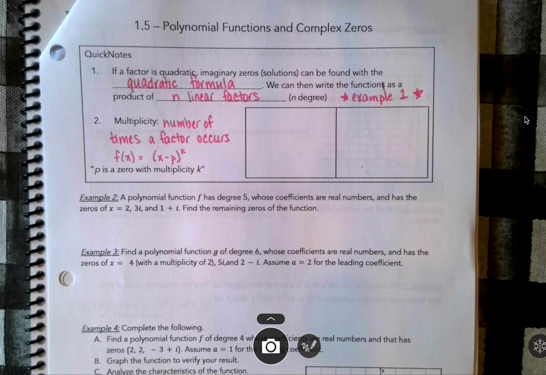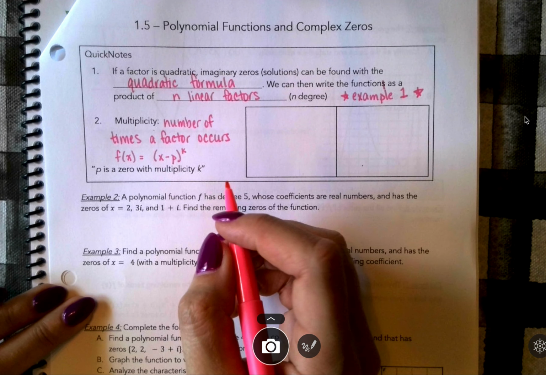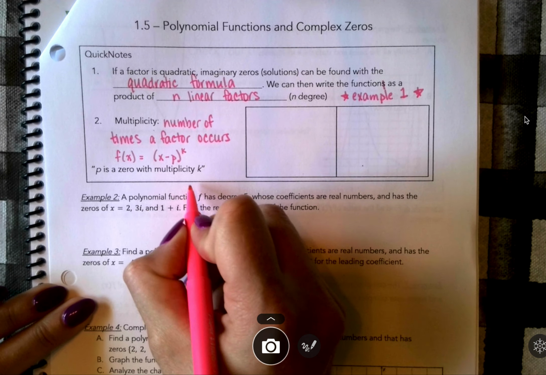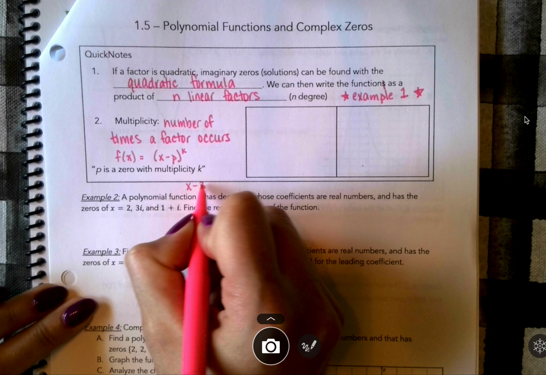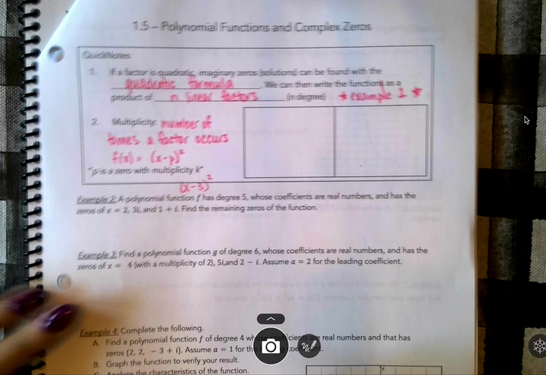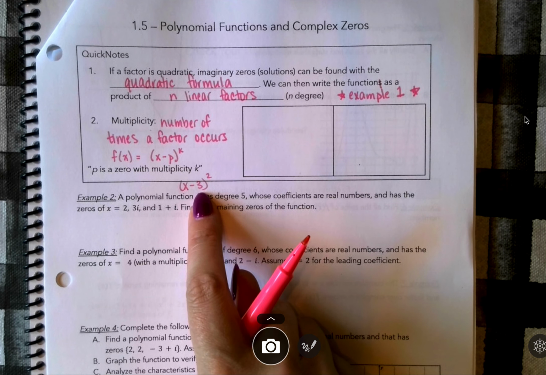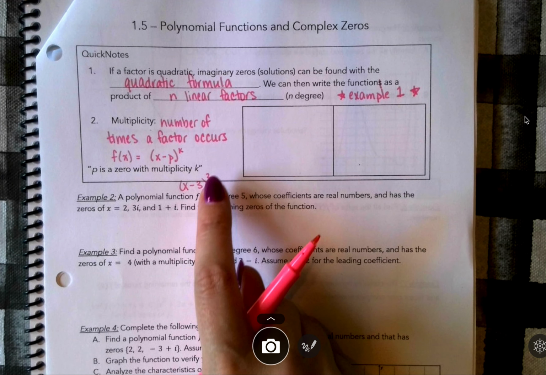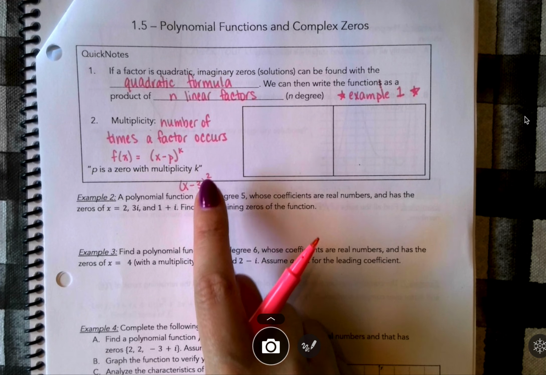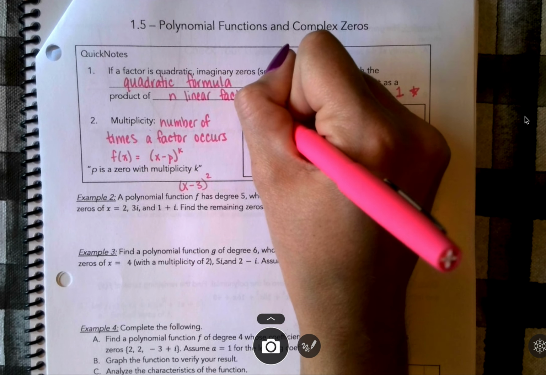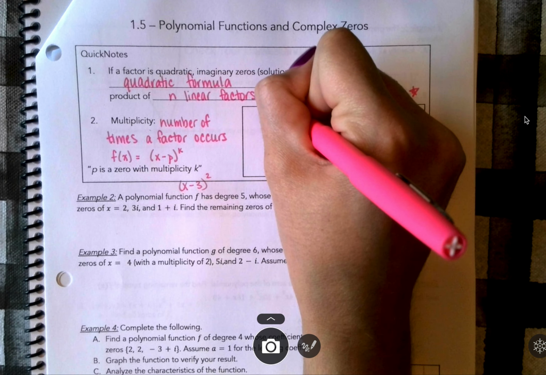And I'm going to actually do an example with real numbers. So if I had x minus 3 squared, I would say 3 is a 0 or an x-intercept with a multiplicity of 2. And so in our table here, we're going to specify if our multiplicity is an odd number.